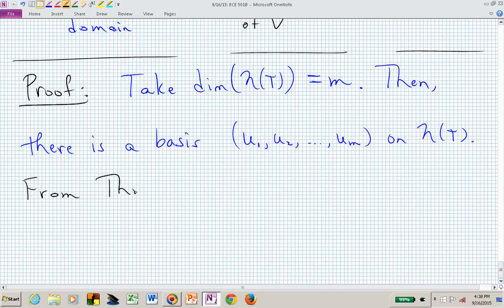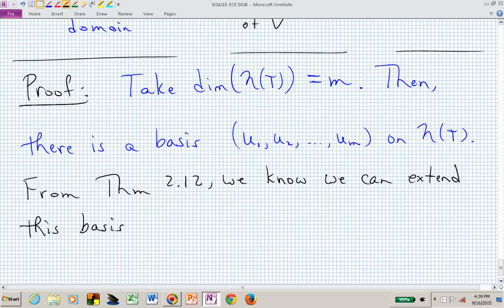From Theorem 2.12, we can actually extend this basis to complete the basis of our domain.